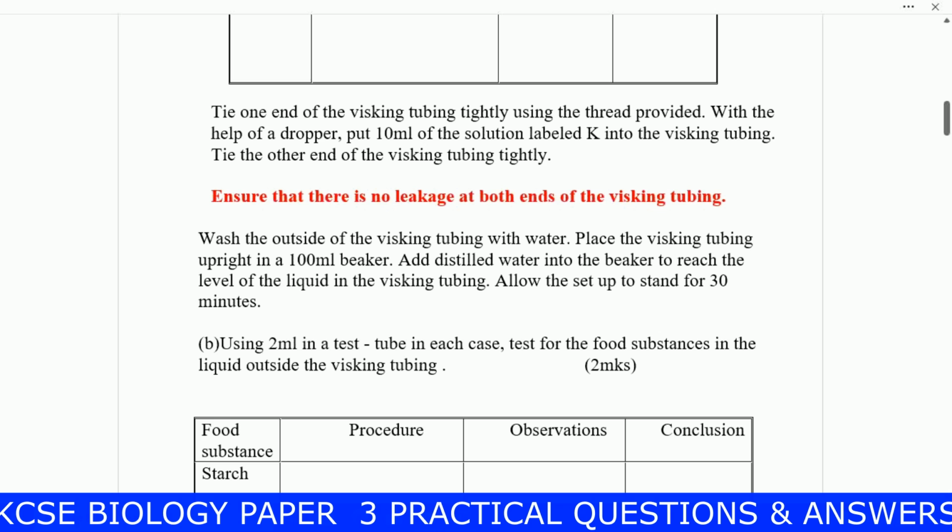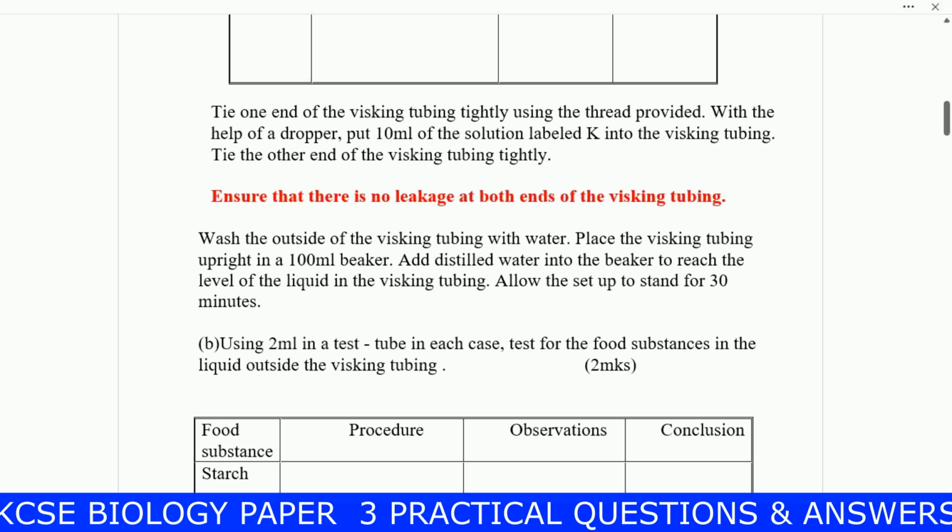Put 10 ml of the solution labeled K in the whisking tubing. Tie the other end tightly, and ensure that there is no leakage at both ends of the whisking tubing.